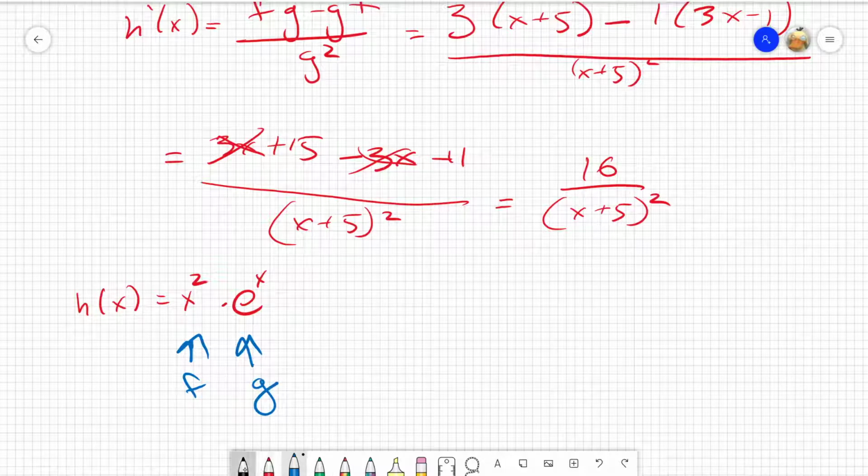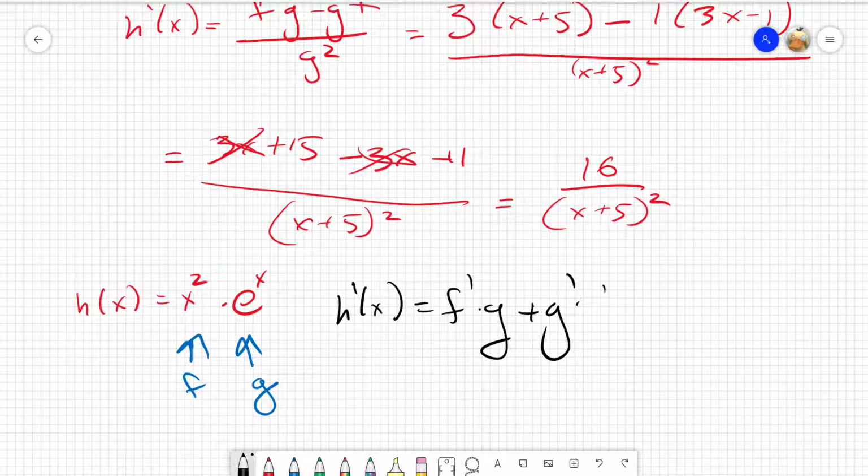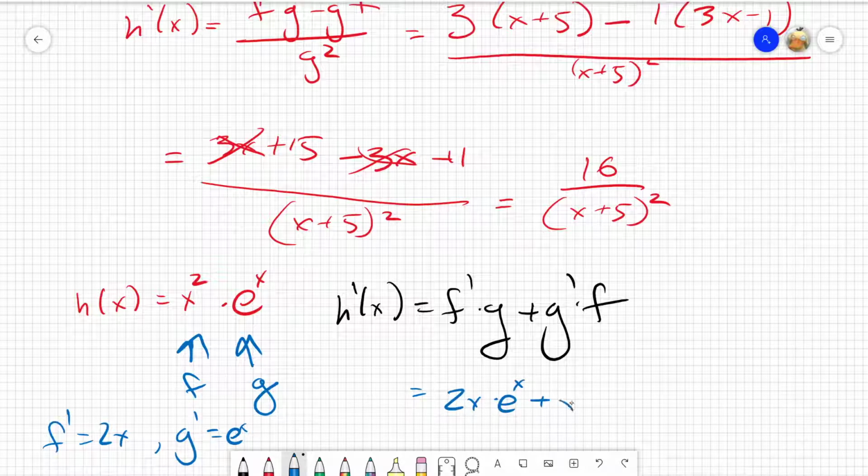So then h prime of x is f prime times g plus g prime times f, and I know that f prime is 2x and g prime is e to the x, so this works out to 2x times e to the x plus x squared times e to the x, which is sort of weird, this final answer.